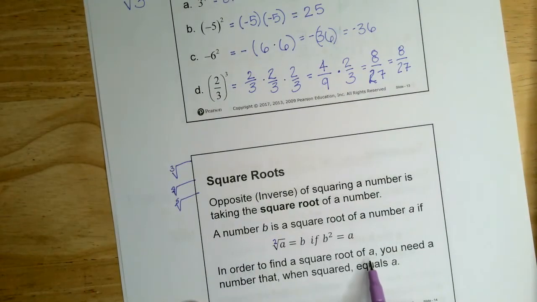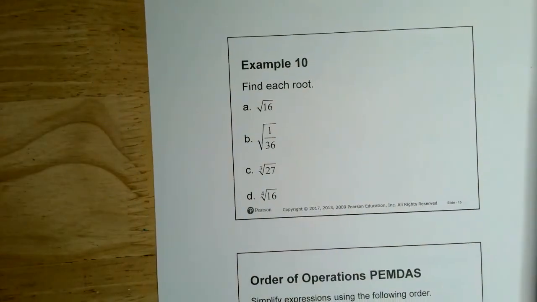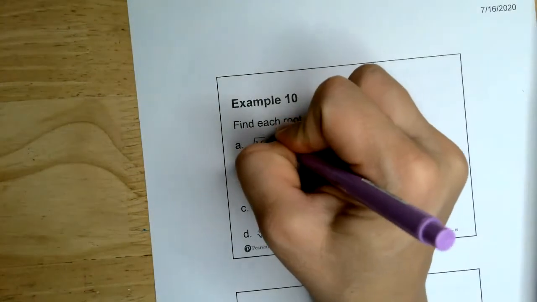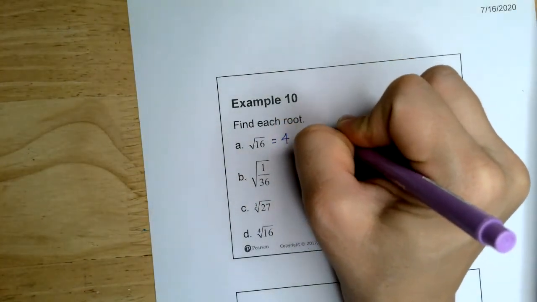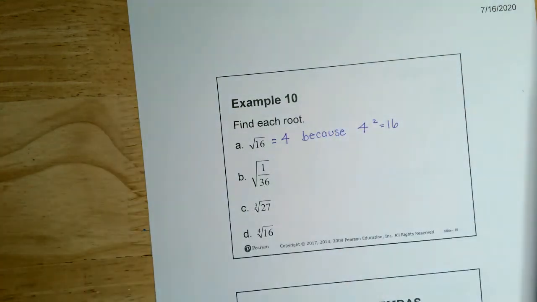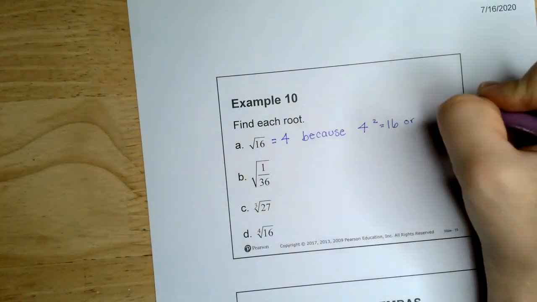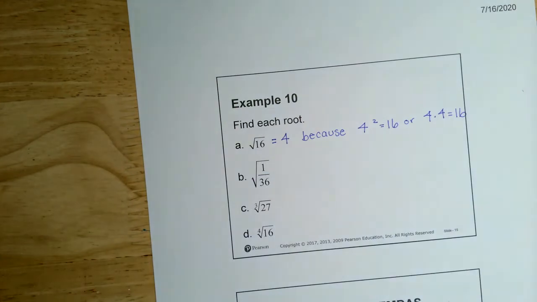In order to find a square root of this number, you need to find the number that when it is multiplied by itself, it equals that number. So the square root of 16 is 4 because 4 squared is 16, or 4 times 4 is 16.